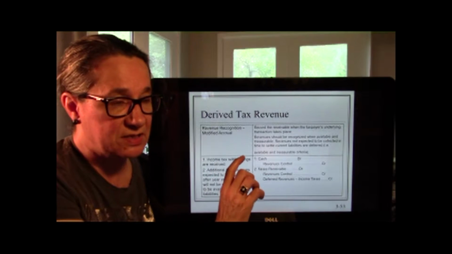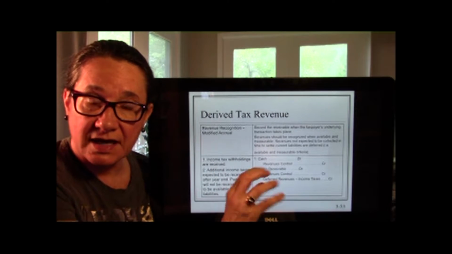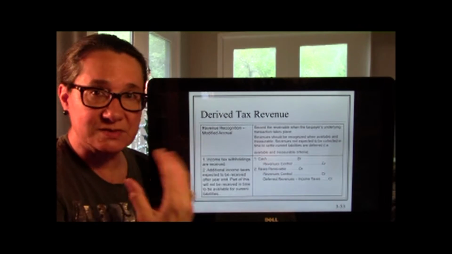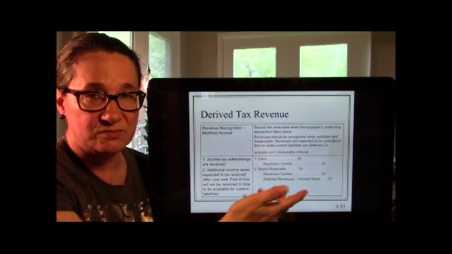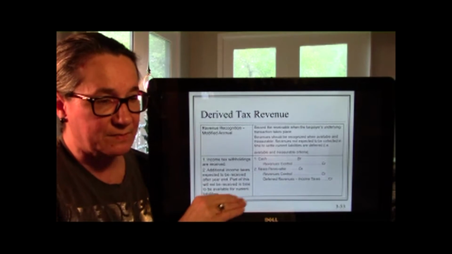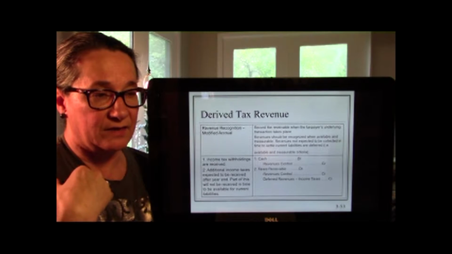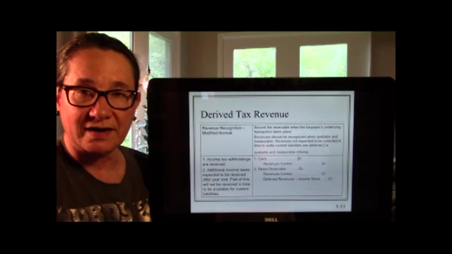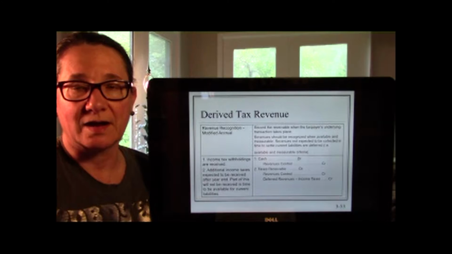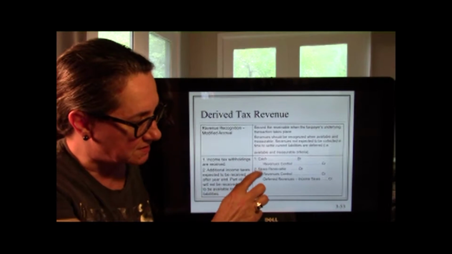So when they're actually withholdings like income tax, and it's withheld, and it comes to you, it's like, oh, here it is, cash, revenues, right? But sometimes you're not going to get it, and then you put it down as a receivable, right? Like 3 months from now, we're going to get it. So when you know how much you're going to get, you put it down as a receivable.